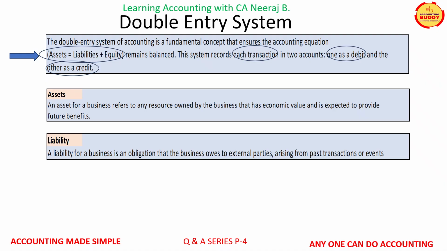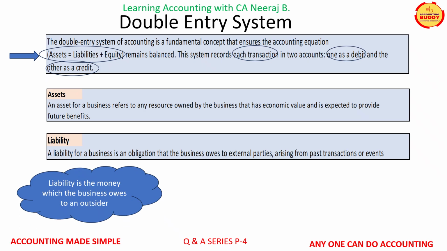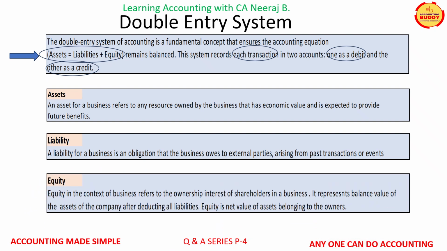For instance, the business has borrowed money from a bank for business purposes. The amount of money borrowed will remain the liability of the business till it is fully paid. Therefore, liability is the money which the business owes to outsiders as a result of past transactions.